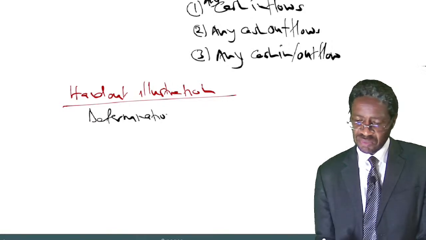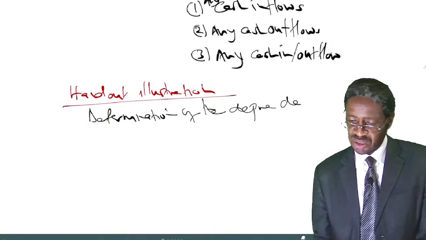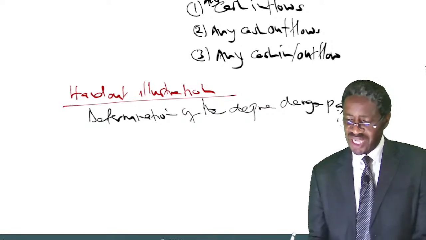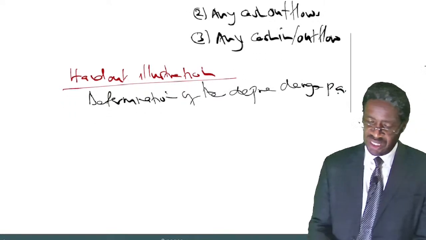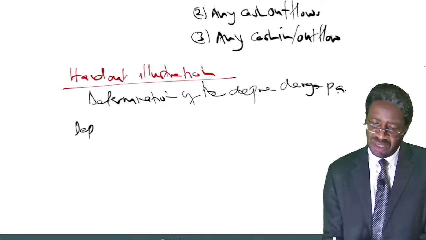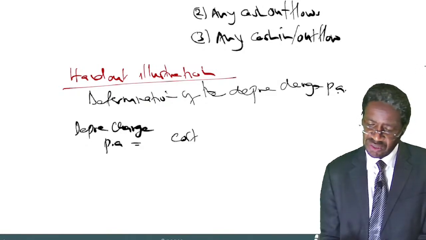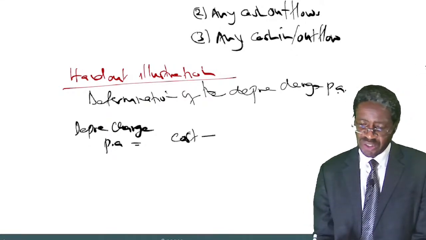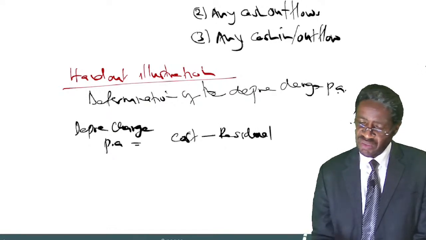Determination of the depreciation charge per annum. How much were they charging as depreciation per annum? So you can say this. Depreciation charge per annum is equal to cost minus, I hope you still remember your accounting, we normally take cost minus residual value.